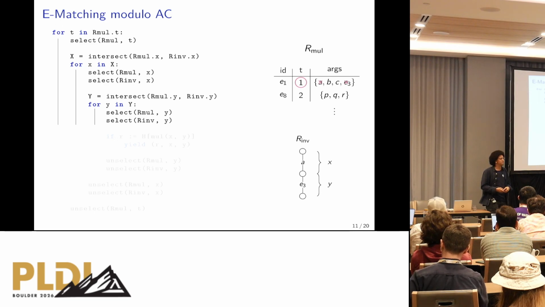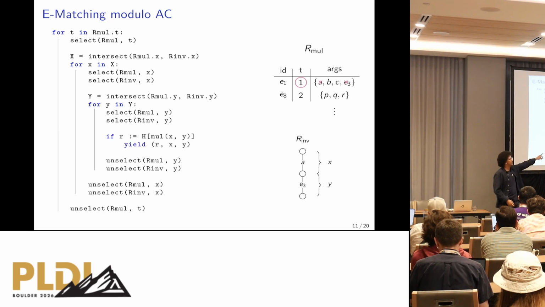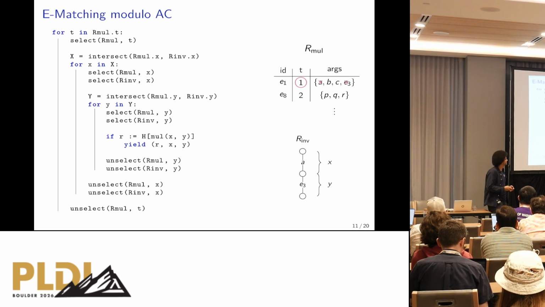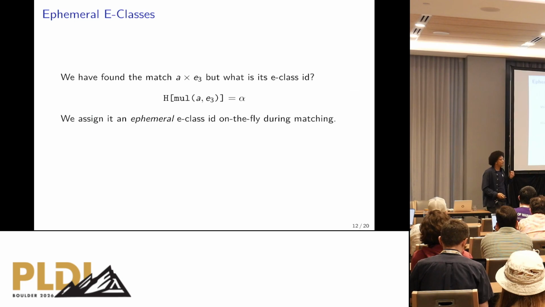But now we have a bit of a problem. Namely, in traditional e-graphs, every subterm is represented. Every subterm is contained in the e-graph. If we now try to look up the multiplication between A and E3 in the hashcons, there is no entry for it, so it has no e-class ID. And we don't want to allocate e-class IDs during matching, just freely. So what we do instead is we create ephemeral, so-called ephemeral e-class IDs.